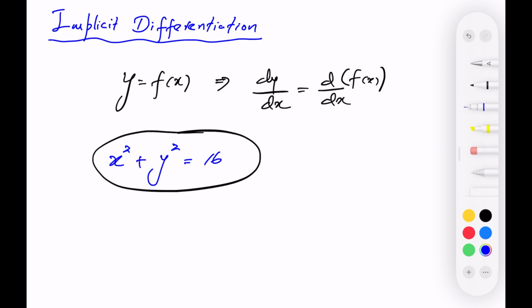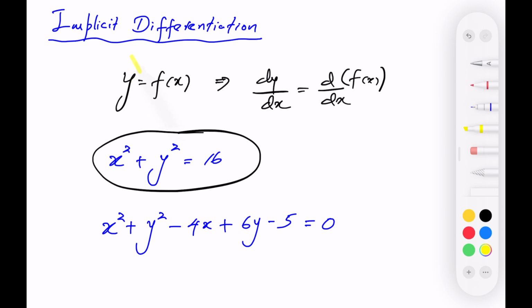Actually, I would like to write down another, a bit more complicated equation: x squared plus y squared minus 4x plus 6y minus 5 equals 0. Let's say you would like to find dy by dx for this equation.